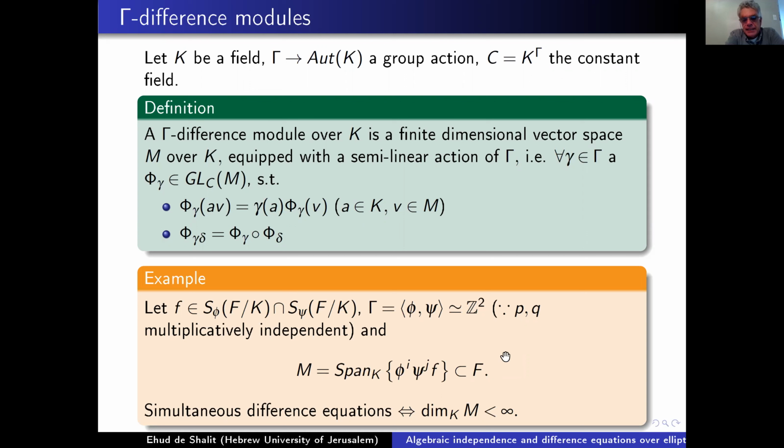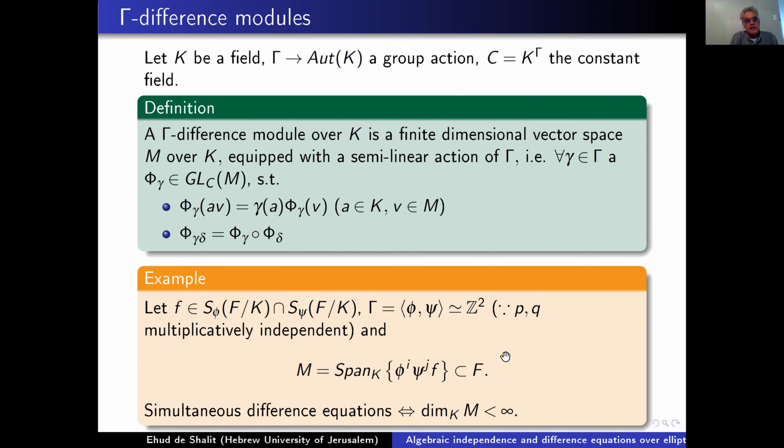And I can take the smallest K-subspace of F that contains my power series F and is closed under phi and psi. And the fact that F satisfies simultaneously a phi difference equation and a psi difference equation simply translates, is completely equivalent, because phi and psi commute, to the assumption that this vector space is finite dimensional over K. This is very easy to see. And this is the key connection between the language of equations and the language of gamma difference modules.